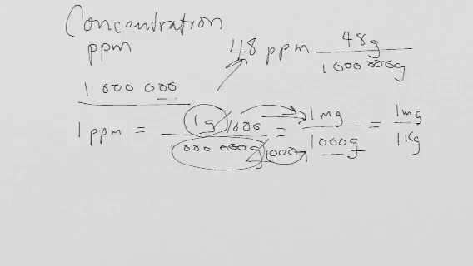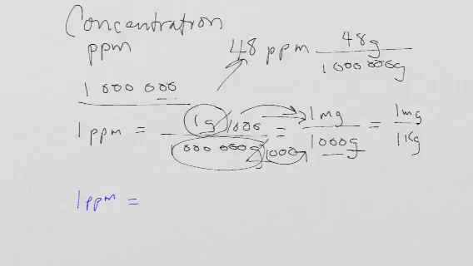If, on the other hand, it's a substance in a liquid, this changes a little. 1 ppm of substance in a liquid is going to be a little bit different.